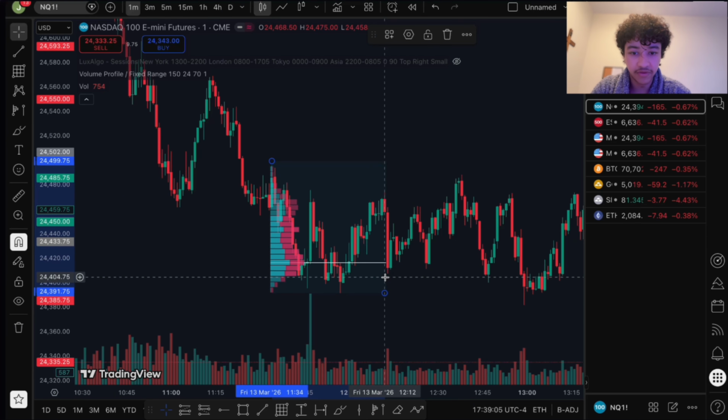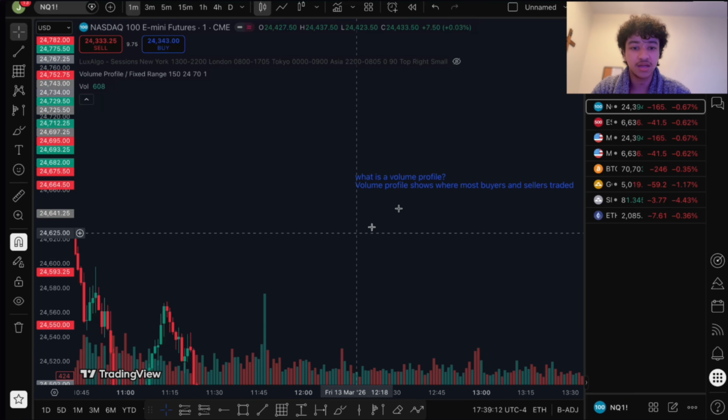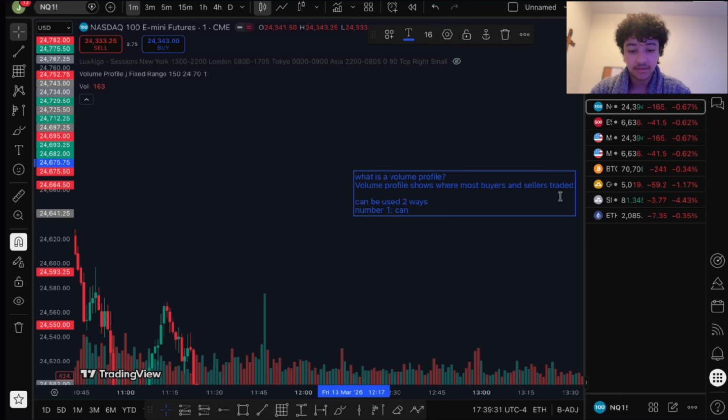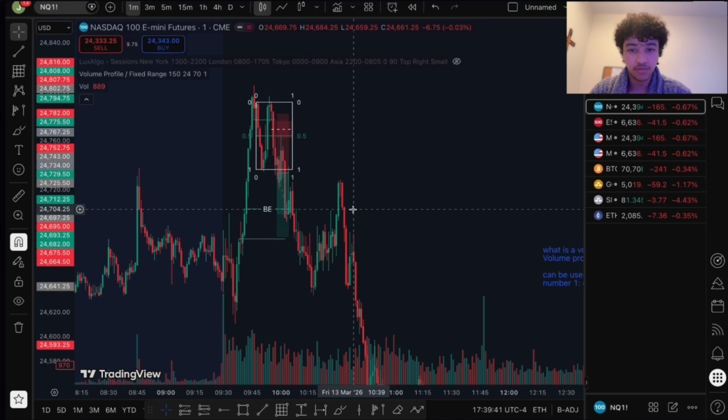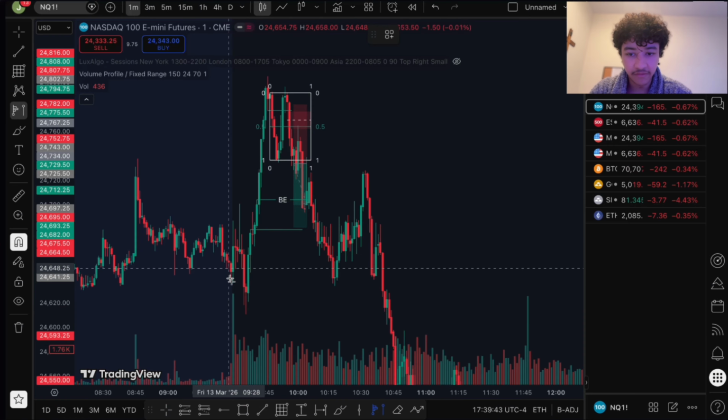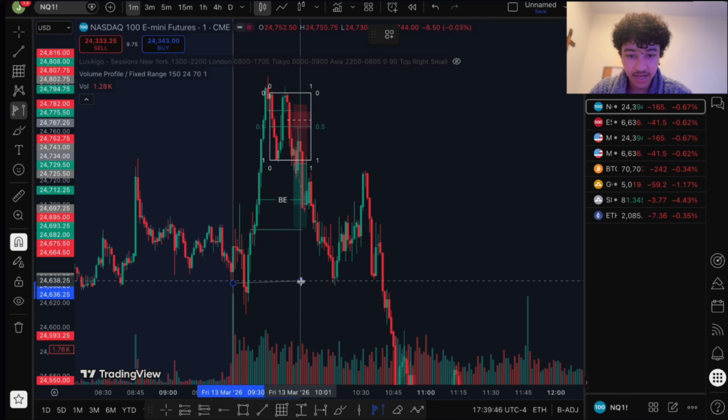If we use a volume profile, we can see that it came down to this level. Now volume can actually act as 2 things. It can be used as support or resistance. Let's use the volume right here from the opening to like 10.